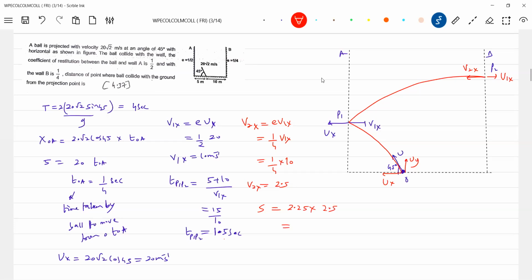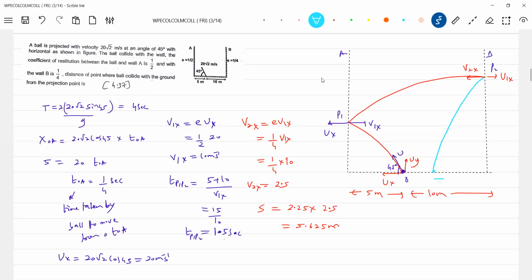5.625. So 5.625, the trajectory may not be correct. Just for my understanding purpose, I just brought it.